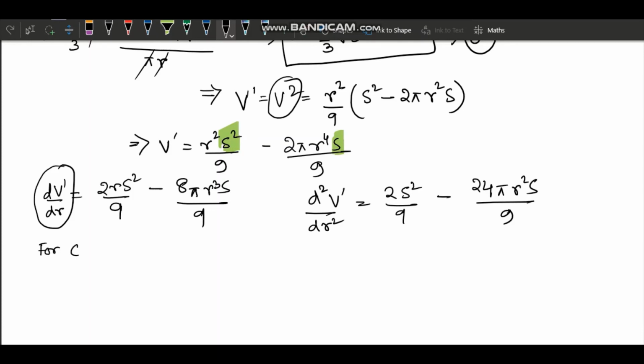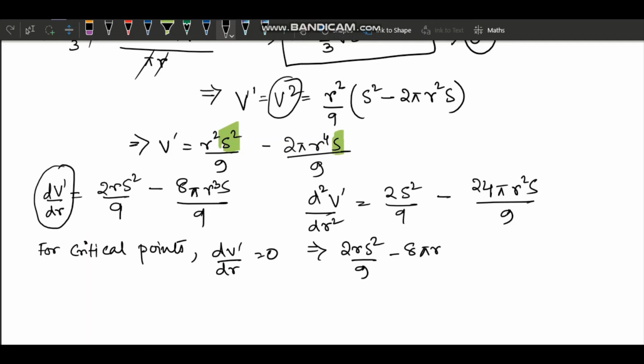So for critical points, we have dv dashed dr equals 0. This is going to give us 2r s square by 9 minus 8 pi r cube s by 9 equals 0. So we will get r in terms of s.